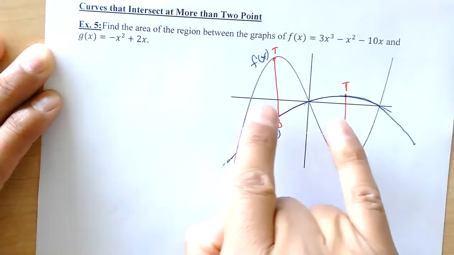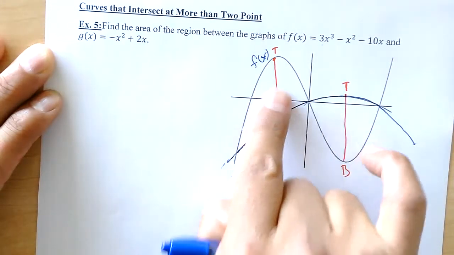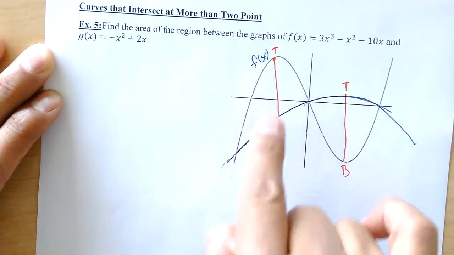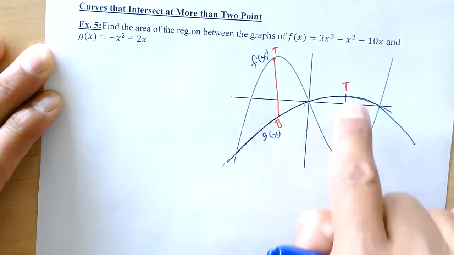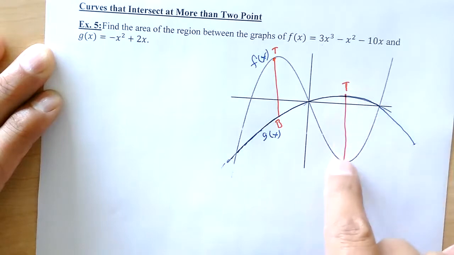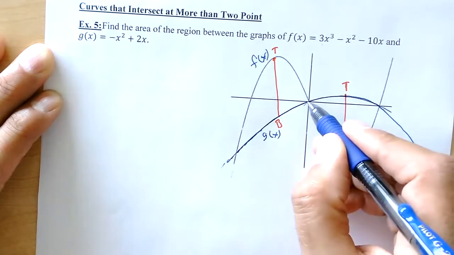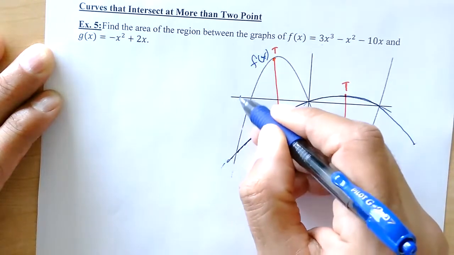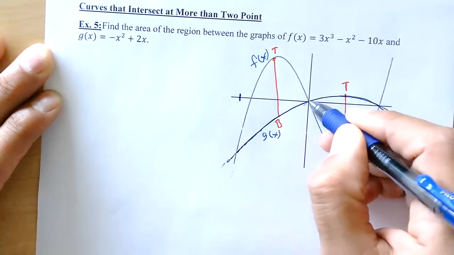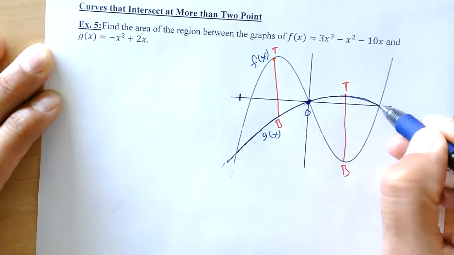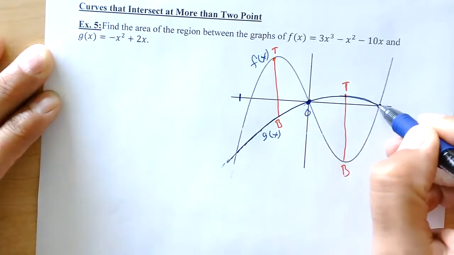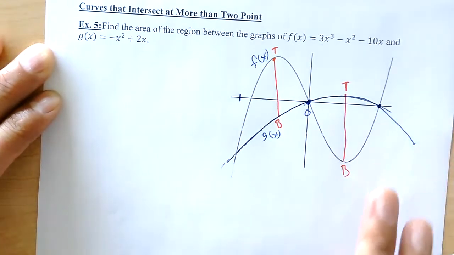So I need to set up two different integrals. This one, f minus g. This one, the g minus the f. So I need to figure out the limit here. I guess that's going to be 0. And the limit here. So I'm going to put these two equal to each other.